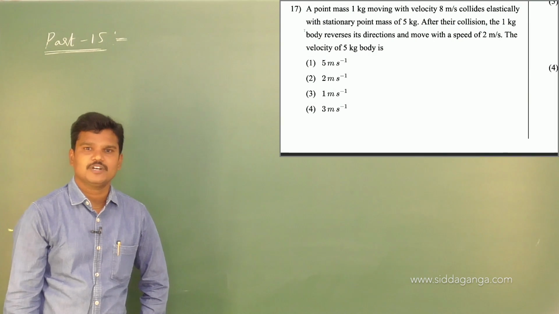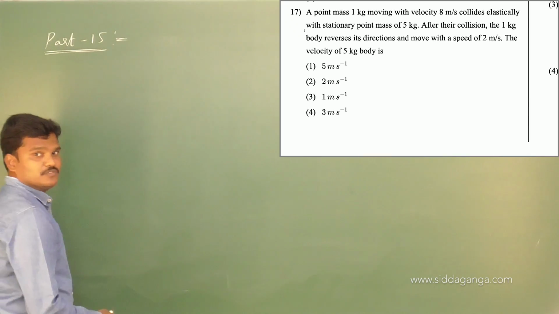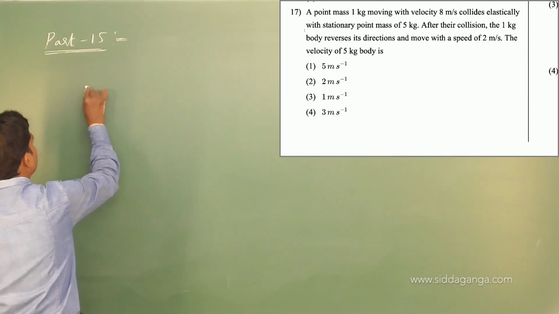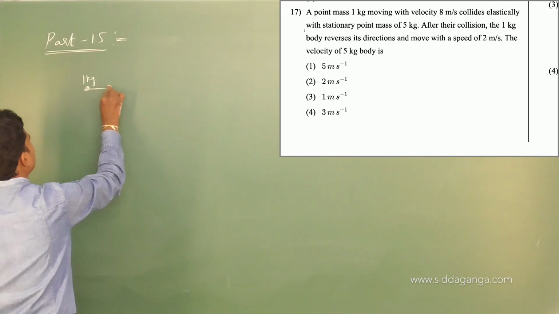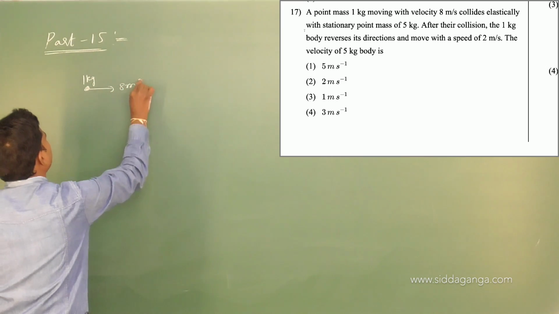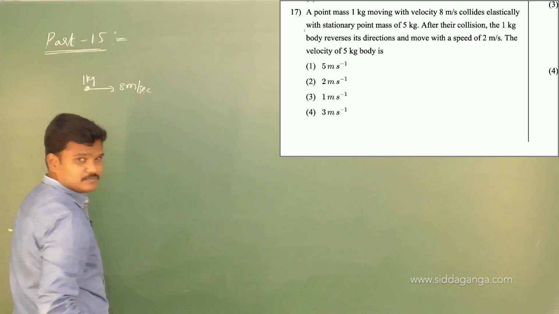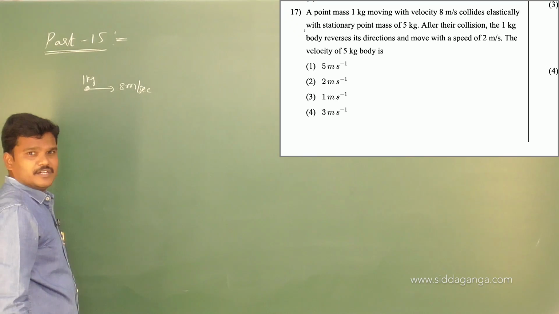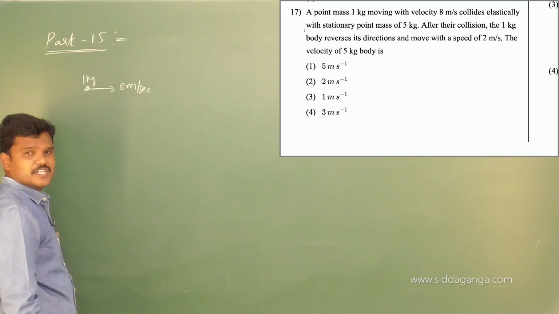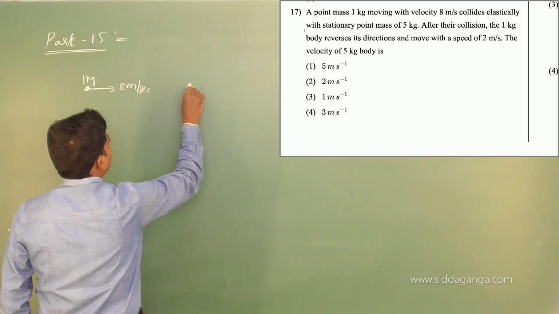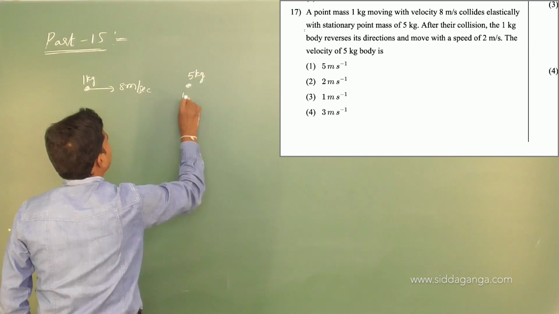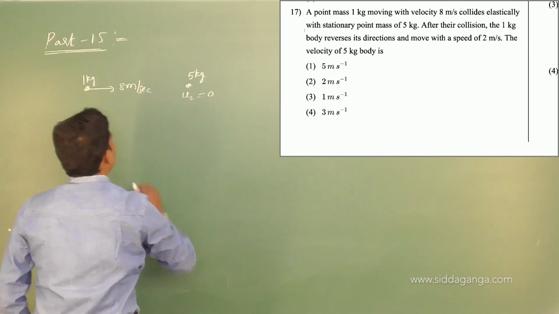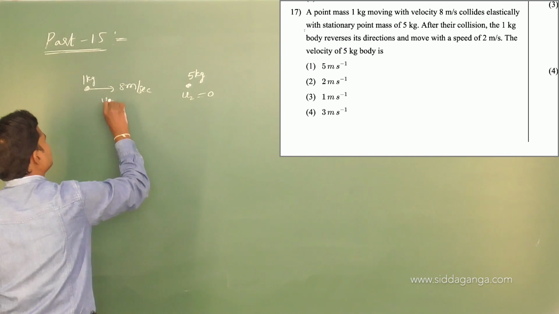See, the given point mass 1 kg is moving with a velocity 8 meter per second, and it is going to strike a stationary mass of 5 kg, which is at rest.